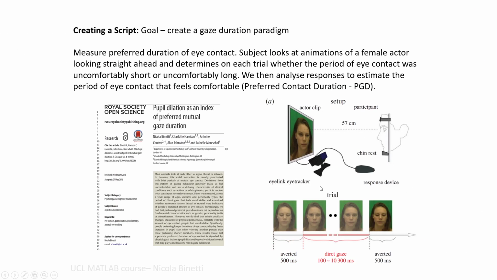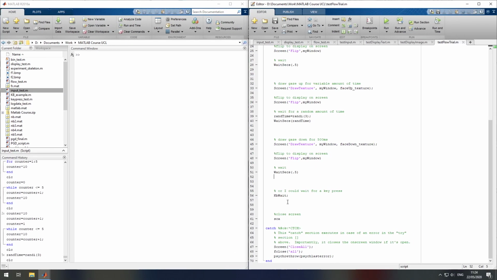Okay, and what's the last thing? The last thing is that at the end of this trial, I'm going to be expecting a response from the participant. So we already actually have that. We have a keyboard wait. So for the moment, it's something very crude. It's just waiting for a keyboard press. Any keyboard press is going to be fine. When it comes down to the actual experiment, we're going to be more specific about it. We're going to request a very specific key.